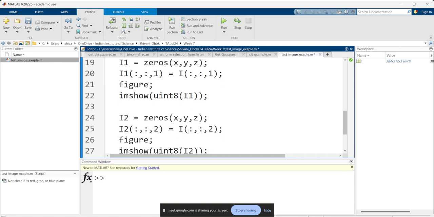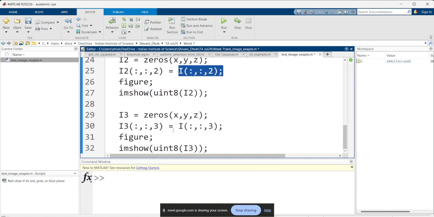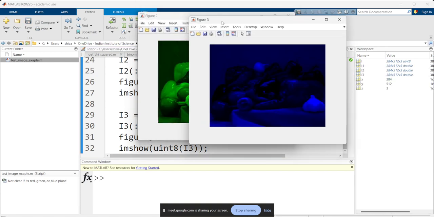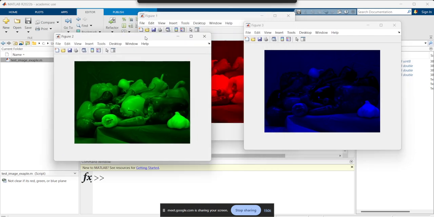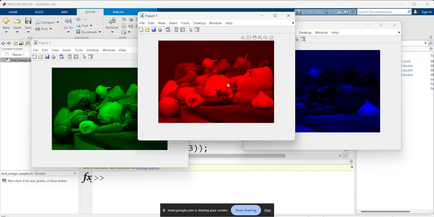Similarly, if I want to visualize the green part, I'll make the second depth non-zero and take the values corresponding to that image as the non-zero part. Similarly for blue, I can do the same thing. I'll quickly run this, and then you can see we have something like this. The first figure that we generated was R, so this corresponds to the red part.